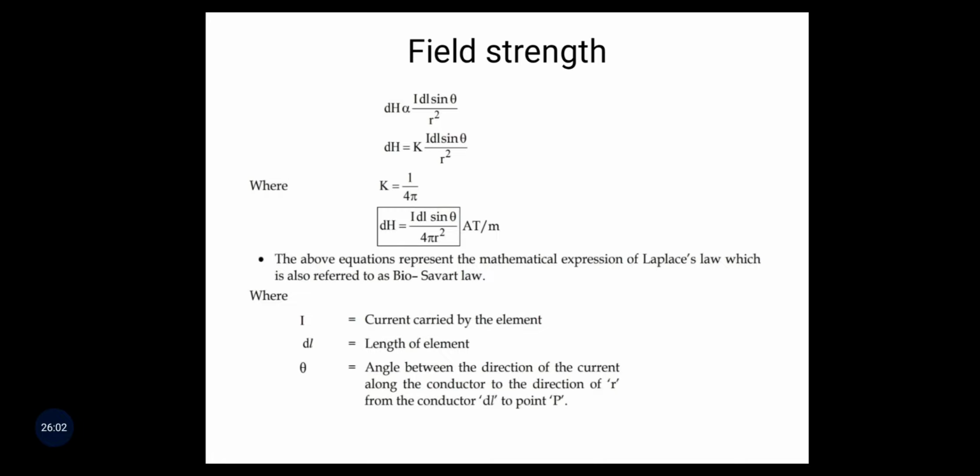So dH equals k times I dl sin theta by r square, where k equals 1 by 4 pi.